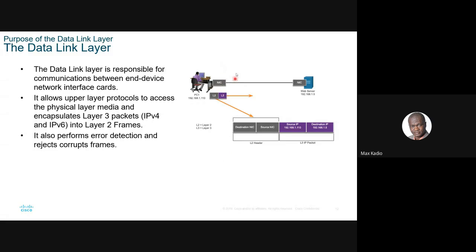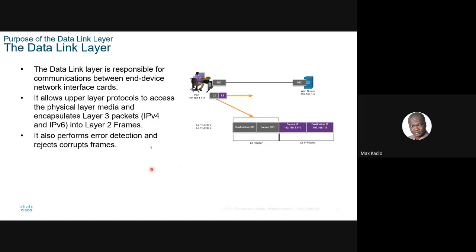So our envelope will get some stamps: source MAC address, destination MAC address, source IP, and destination IP. Layer 2, layer 3. That's why the MAC address is very important. The switch will manage here with the MAC address table, and the router will deal with the IP address.